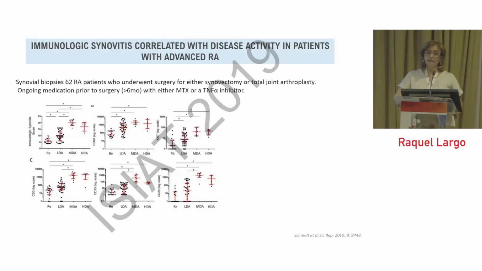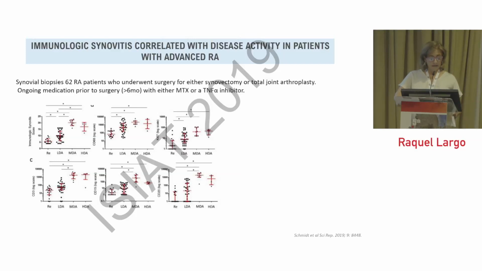They also studied the localization and the amount of different cells, as you can see here, macrophages, proliferation rate, B and T cells, like in the other study. And they established what they call an immunologic synovitis score, with a distribution very similar to that described in early RA patients. What they describe is that this immunologic synovitis score perfectly matches the clinical activity of these patients.